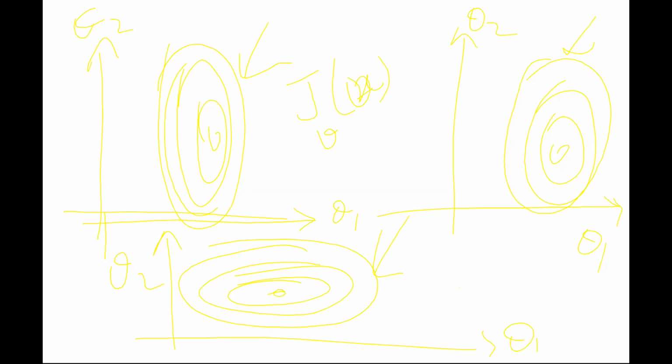We are plotting it on theta naught and theta 1, so you can take theta naught and theta 1 here also. That's not a problem, but it can be in different shapes. The shape can be different depending upon the values of theta naught, theta 1 and their relation to the cost function.